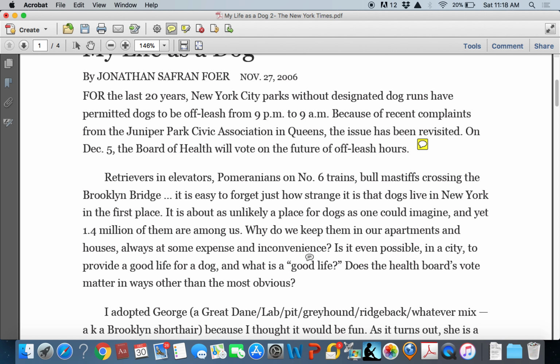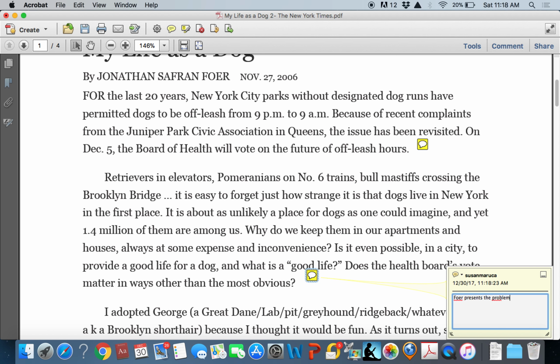So here, Foer presents the problem or possible problem with owning a dog in an urban area such as New York City, and whether dogs even have a good life in this environment.